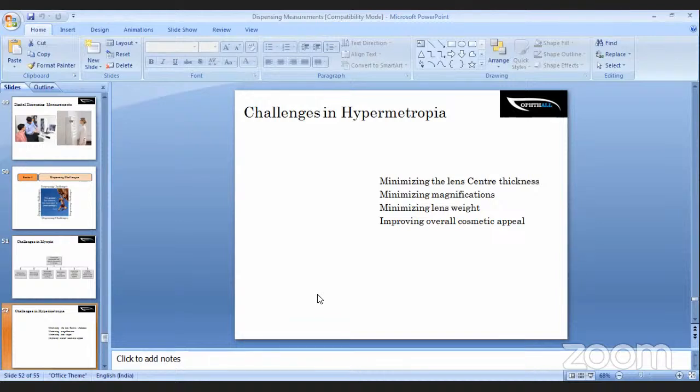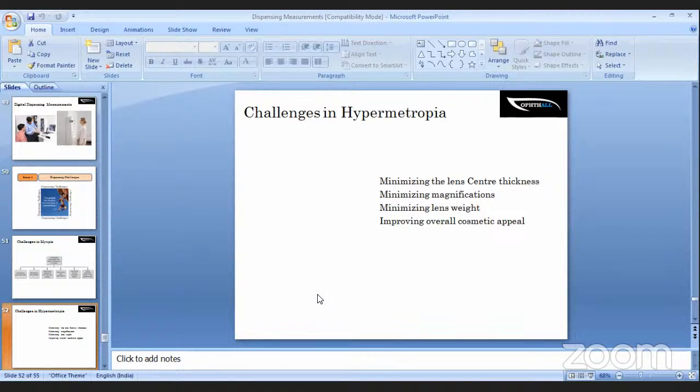So there are two ways of doing it: dispense the lenses with flatter aspheric surfaces and also with anti-reflection coating. Flatness of the lens will apparently reduce the magnification of the eyes, and coating with the ARC treatment will ensure the natural look of the eyes.